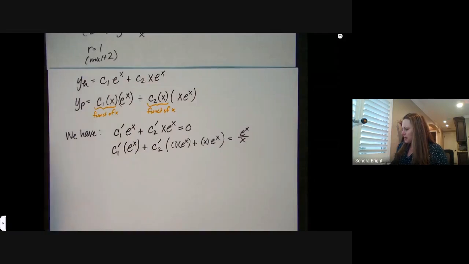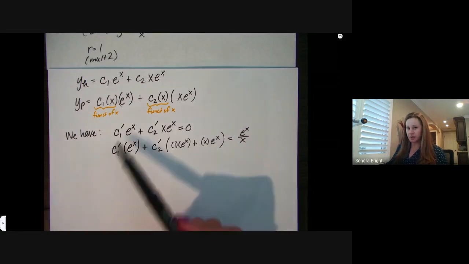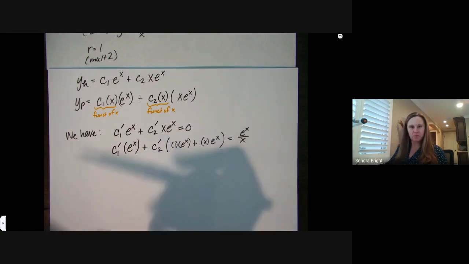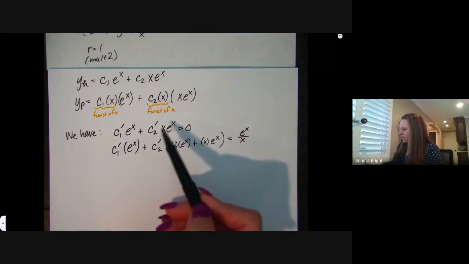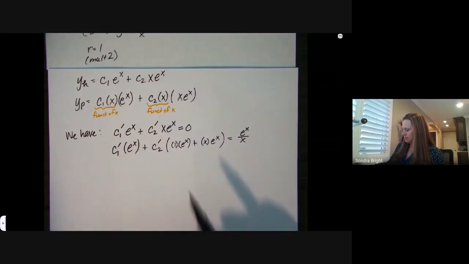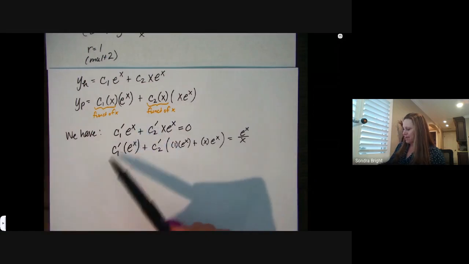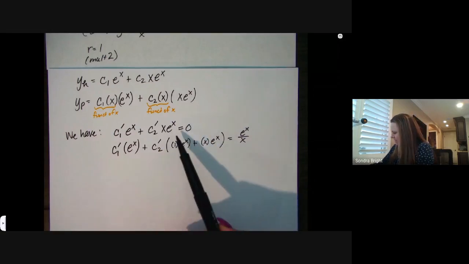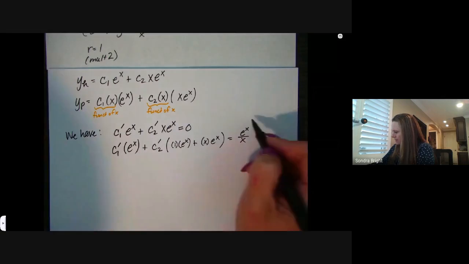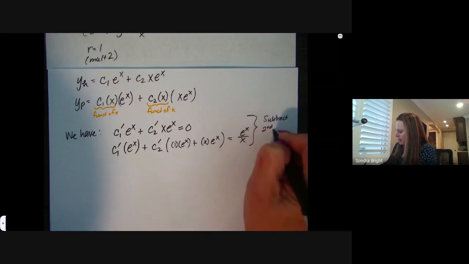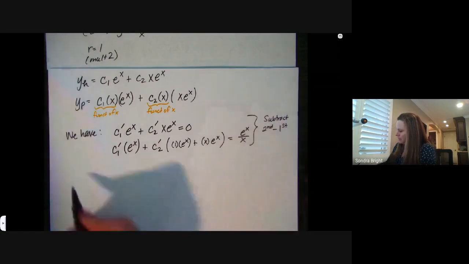So what I'm going to do now is we need to solve these two equations. Two equations, two unknowns. My unknowns are the c1 prime and c2 prime. Those are my unknowns that I need to solve for. And so I'm going to use the linear combination method, where if I just do the second equation minus the first equation, then these first two terms will cancel out. And that will give me, these two guys cancel out.